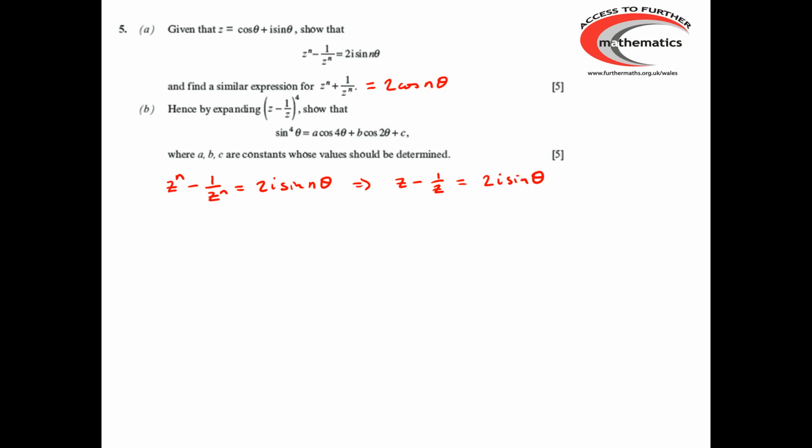So z minus 1 over z to the power 4 is going to be the same thing as 2i sine theta to the power 4.